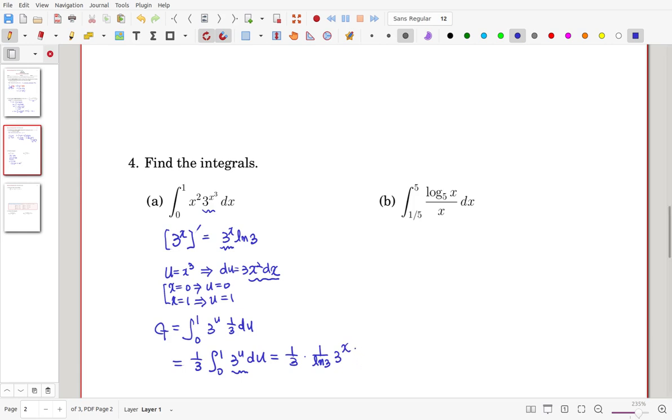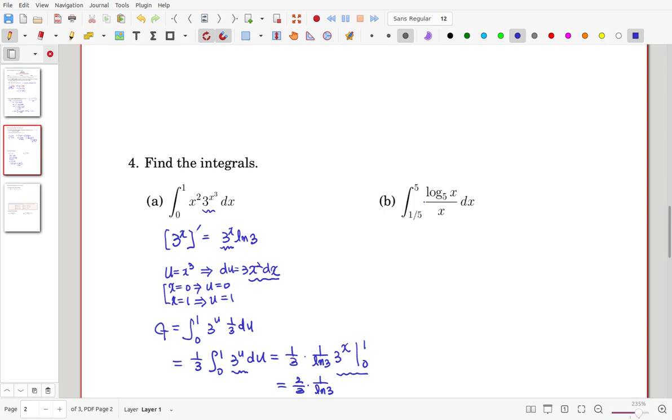Now you can evaluate from 0 to 1, so that when u is 1 the value is 3, and at 0 it is 1, so this portion will be 2, so here 2 over 3 times 1 over logarithm 3. That's the final answer.